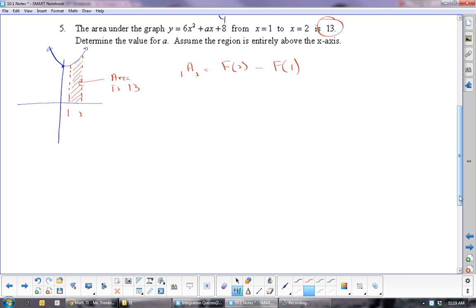Well, it would be 6. So f will equal 6x cubed over 3 plus ax squared over 2 plus 8x. So this would be 2x cubed plus 1/2 ax squared plus 8x.